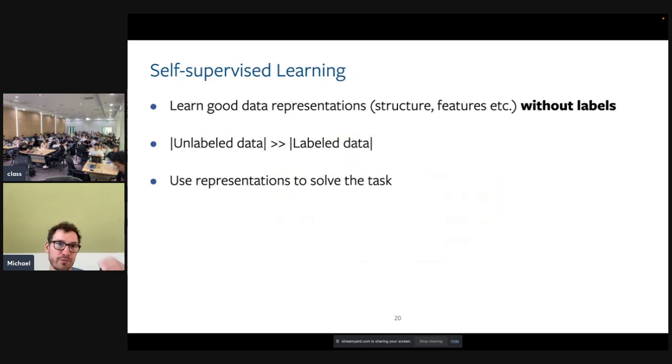Now, another reason why self-supervised learning can be very useful is because typically we have a lot more unlabeled data than we have labeled data. And if we can effectively use this unlabeled data and learn a lot from it, then we can use the resulting representations to solve a particular task and make better use of that labeled data that we also have. So we can use both instead of just relying on the labeled data.